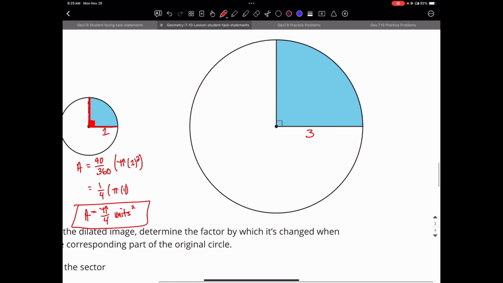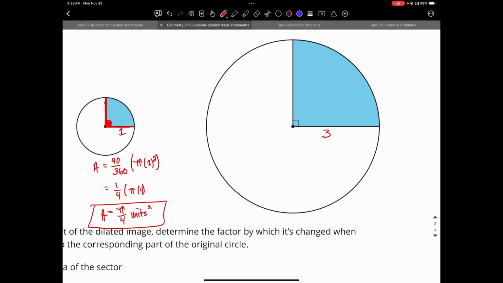The second one, actually, let's find the length. We'll find the arc length first. So the length would be 90 over 360 times 2 pi times our radius of 1, right? So then we know that's going to reduce to 1/4 times 2 times 1, which is just going to be 2 pi.